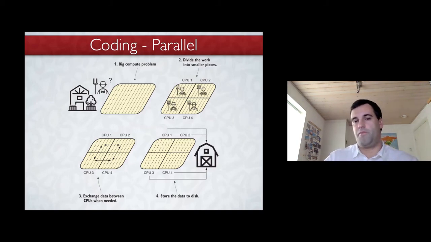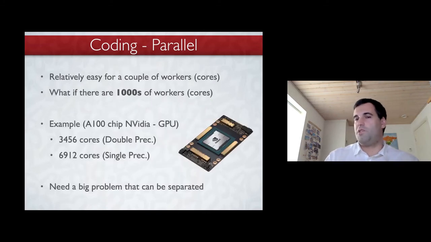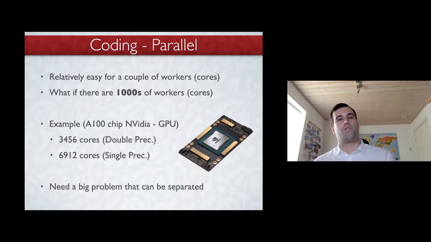And then they give the result. This, of course, works very simply if you have, say, a couple of workers. I can easily manage to organize 4 workers: you do this, you do that, and whenever necessary, we exchange information and sort out what needs to be done and what's left to be done. But even these days, normal chips have thousands of workers, or supercomputers even millions of workers.